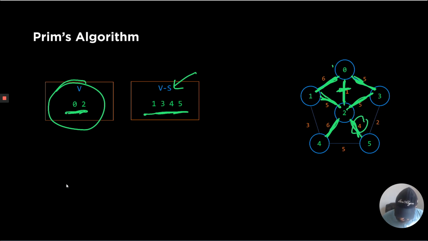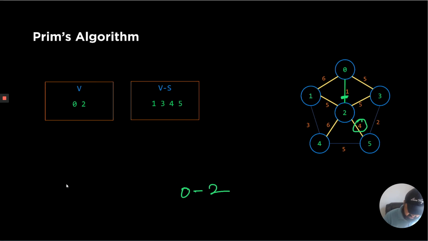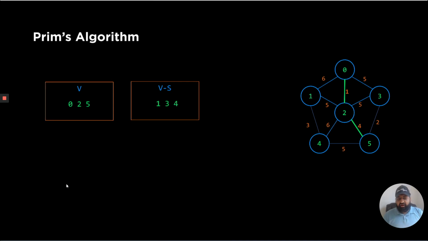In this case, this number 4 seems to be the minimum, which means 2 and 5 has the minimum cost associated with it, because we have already finished processing 0 and 2, and that's a part of the minimum spanning tree. So we again move 5 to this set and choose this 2, 5 edge, which will be a part of our MST, or the final output.